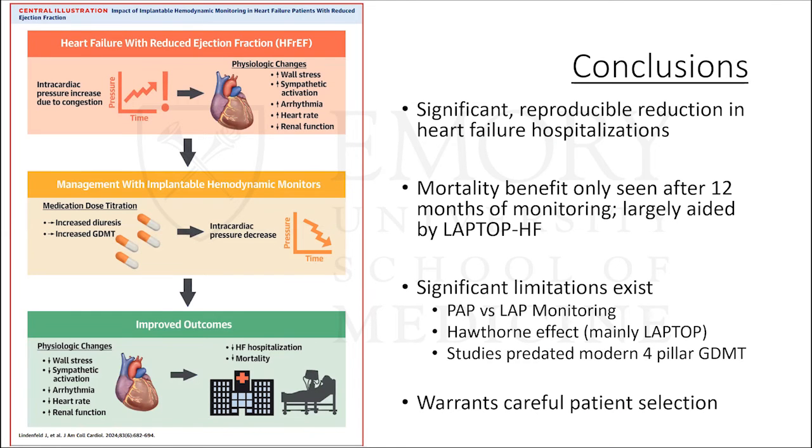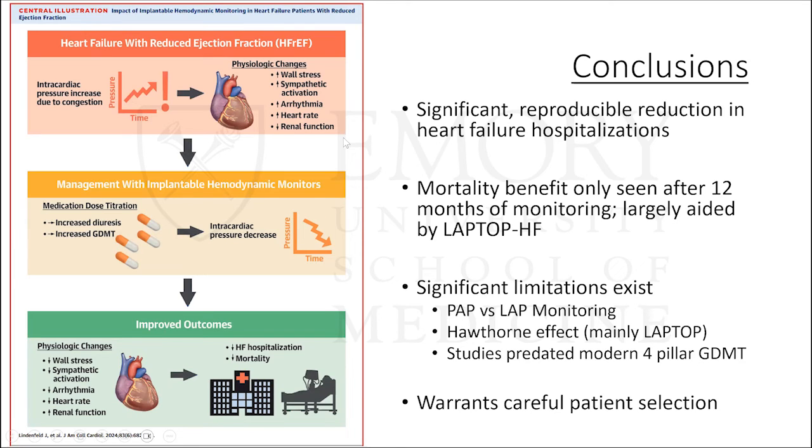I did like the authors' conclusions. I thought they came up with a nice hypothesis for what exactly was going on, as people were able to be monitored more closely and remain decongested for longer.